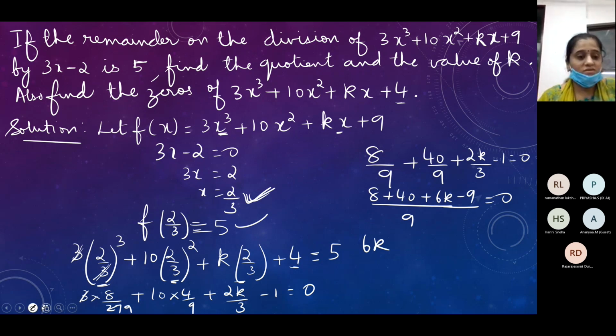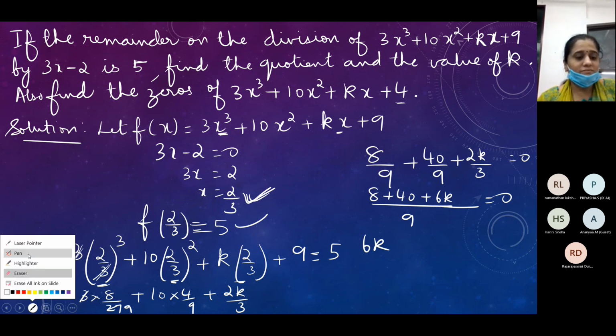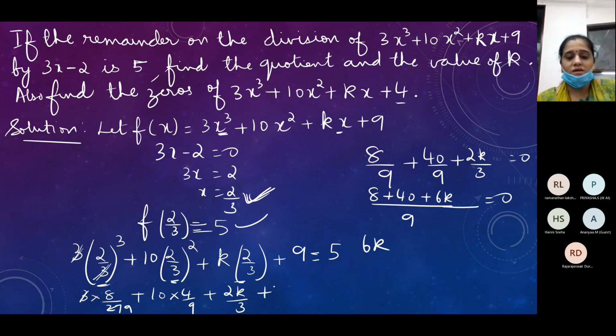Okay, sorry. This is 9. Yeah. 9 plus 9. Oh no, this will be plus 4 now. Is equal to 0.